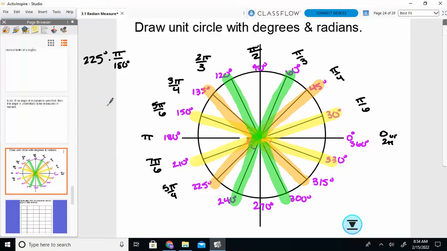So on your calculator, do 225 divided by 180, and then hit math number 1. So for 240, 240 times pi over 180 gives us... And 270 times pi over 180.